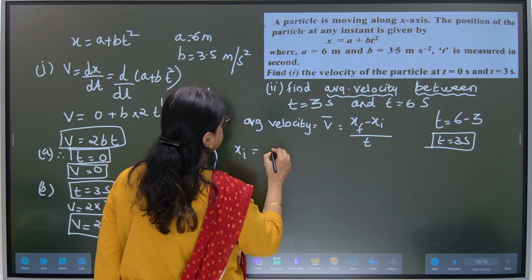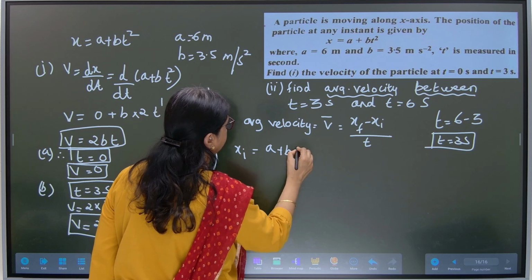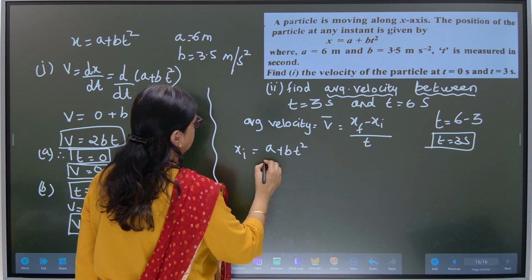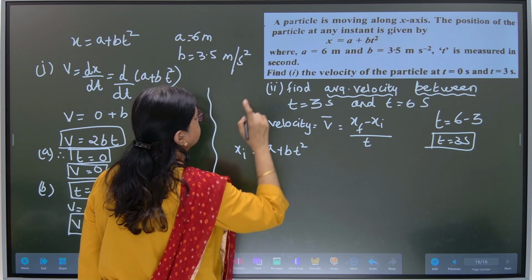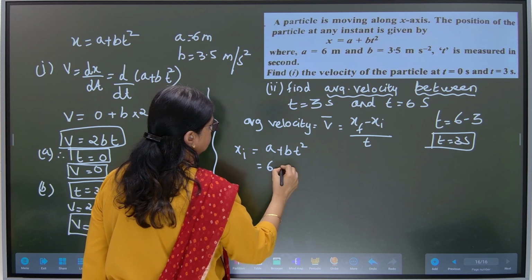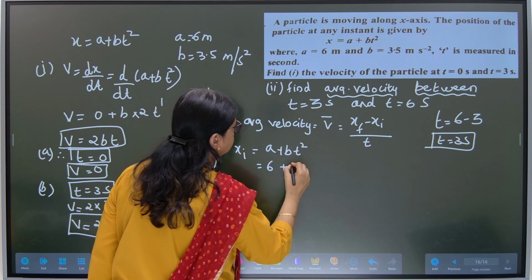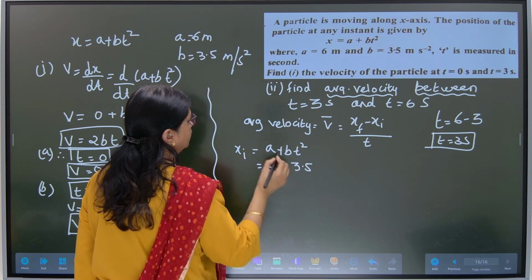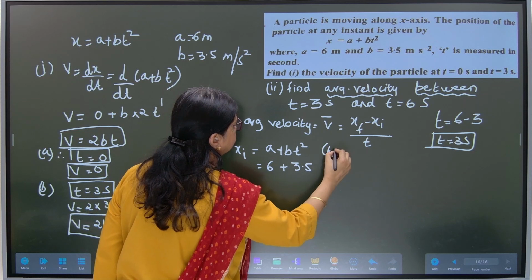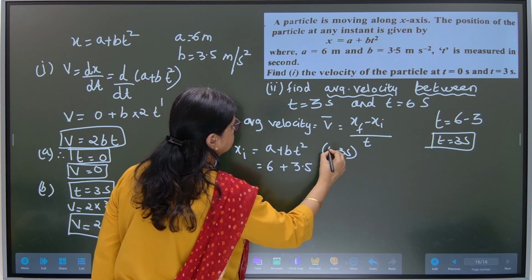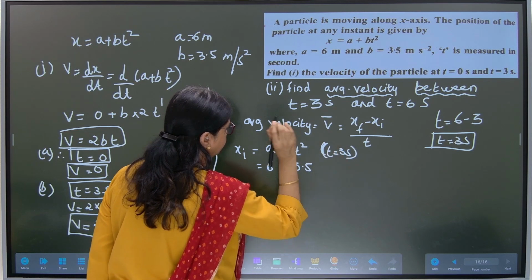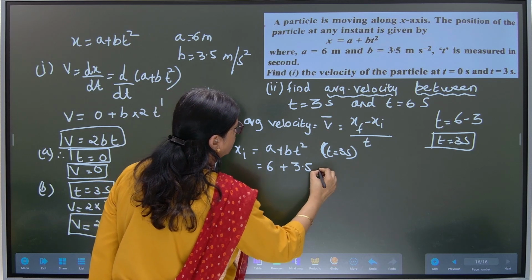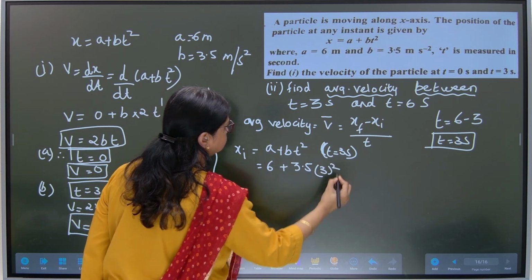So what is my x? a plus bt square. What is my a? 6. What is my b? 3.5. What should I substitute here? t is equal to 3 seconds. That is my xi. Okay? So 3 square.